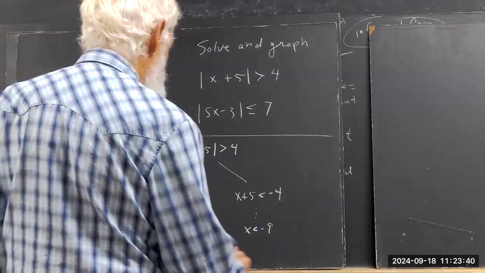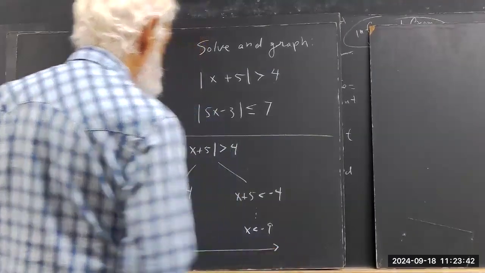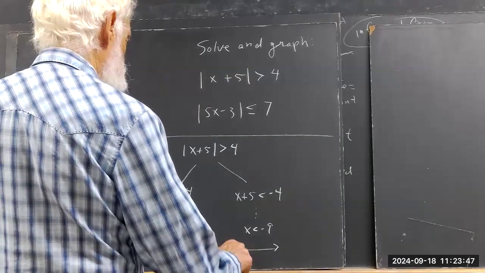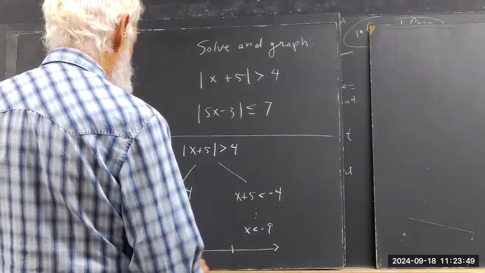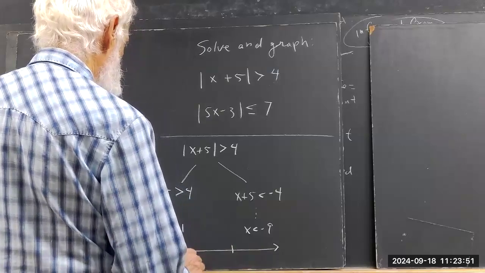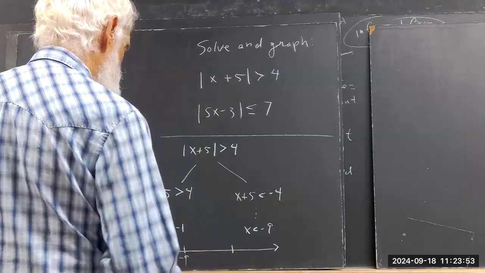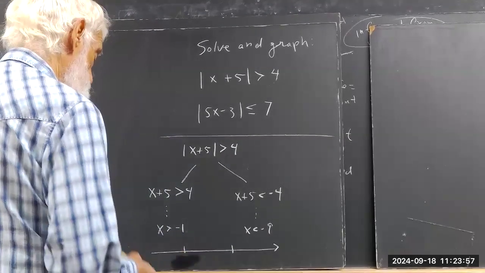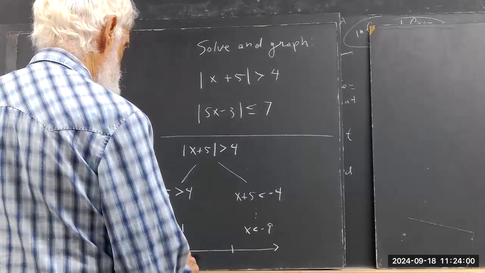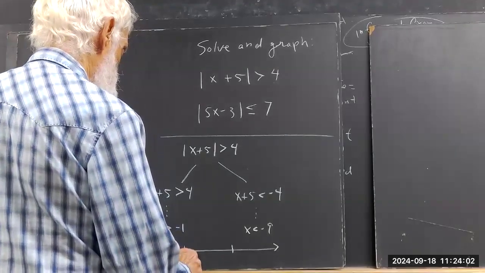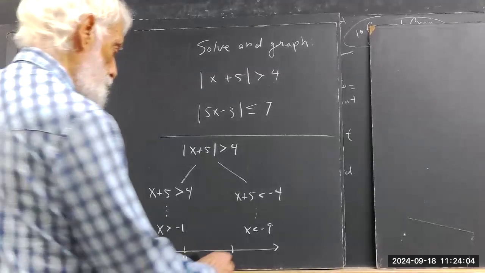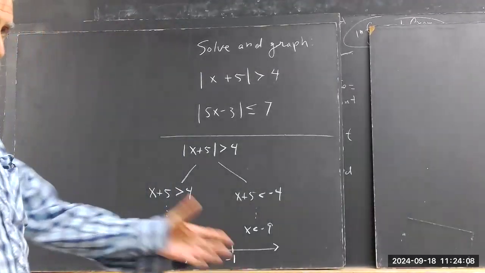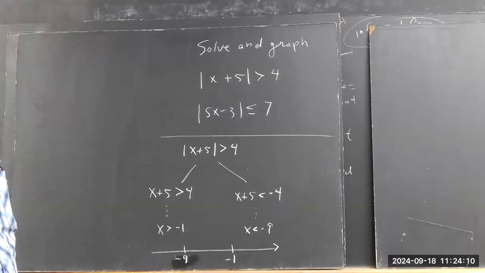Now, what does that do? Here's your number line. Put -1 someplace and put -9 here to the left of -1. And I hope everybody knows -9 is to the left of -1 on the number line.